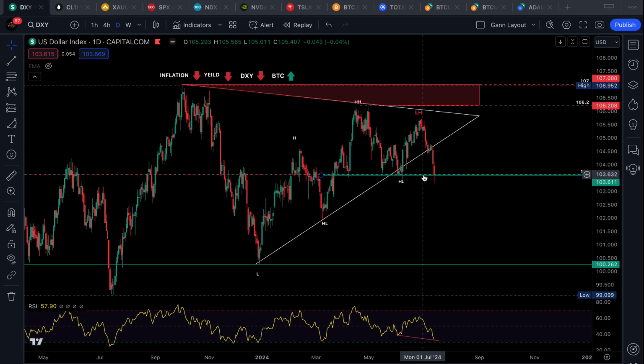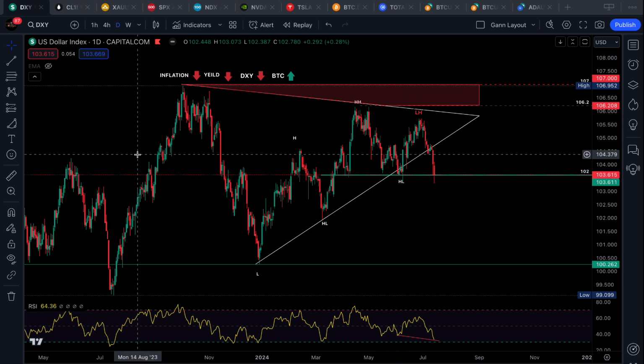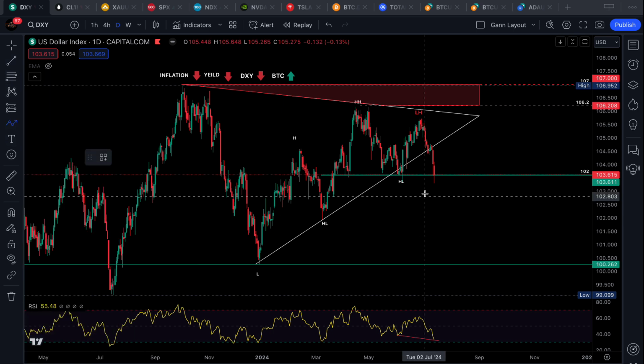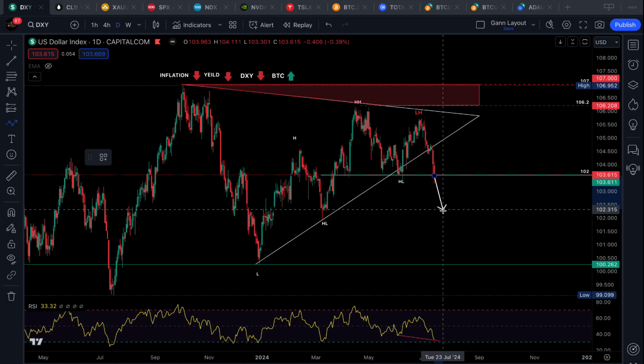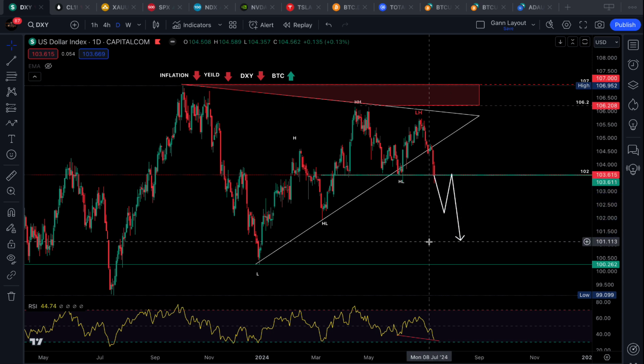And until it loses this level, we cannot yet confirm the downtrend. Okay, this is a higher low, this is an equal low, it's not a downtrend yet. What we need to see is the dollar going below 103.6 and continuation to the downside.